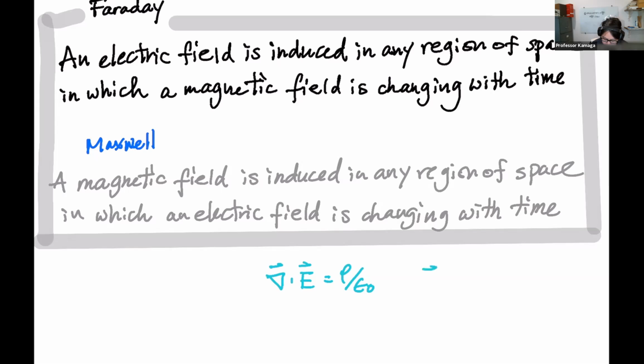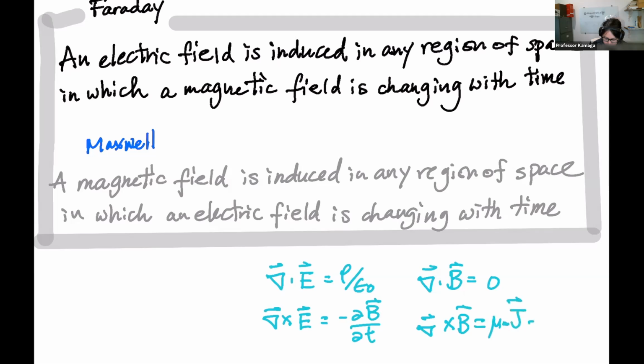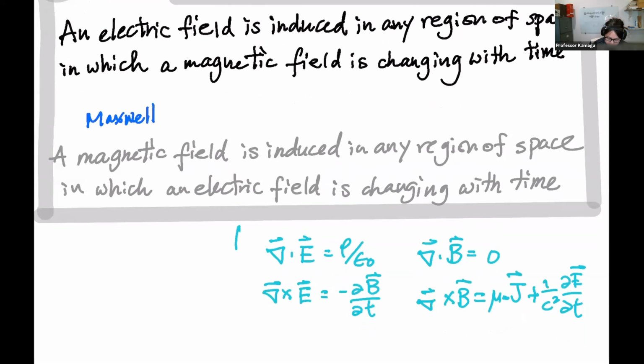And this one shows that there's no magnetic monopole; magnetic poles always come in dipoles. And then you have an electric field generated when you have a change in time of the magnetic field, and also a magnetic field is generated everywhere in space when you have current and a change in electric field with time. So that's what it means here.